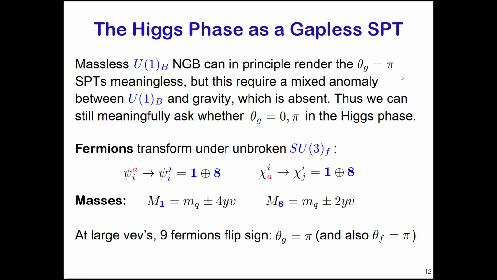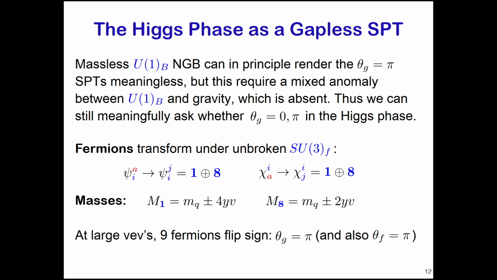OK, so the Higgs phase is gapless. There's a Goldstone boson. And on top of that, I want to figure out if the Higgs phase can be a non-trivial SPT. I want to figure out if the gravitational theta angle is 0 or pi. Now, SPTs are most robust when the theory you're studying is gapped. Whenever there's something gapless, you have to be a little bit careful, because in principle, the gapless thing can make the SPT ill-defined.